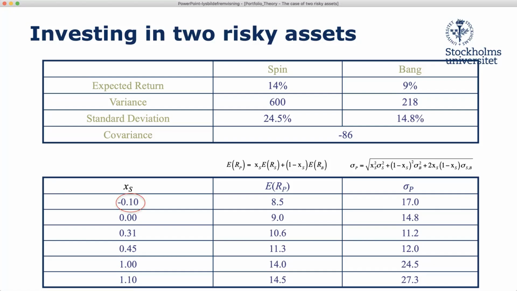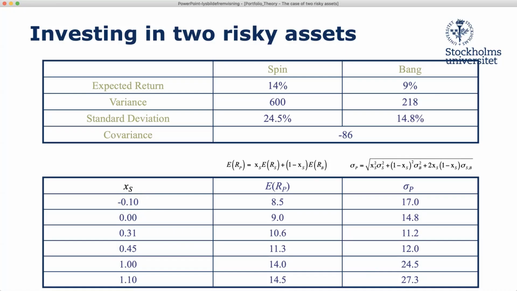This means that we sell it. The weight on Bang would be greater than 1 and equal to 1.1 in this case, meaning that all our investment wealth is placed on Bang plus an additional 10%, and that additional 10% is financed by selling or short selling the stock of Spin.